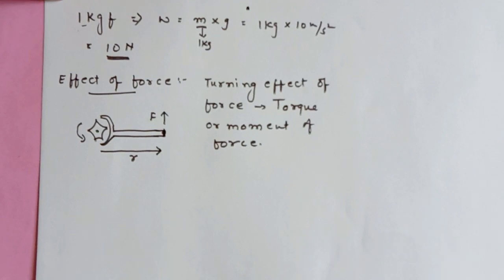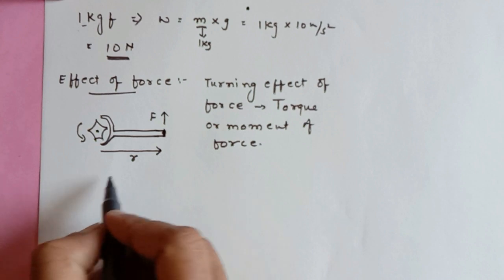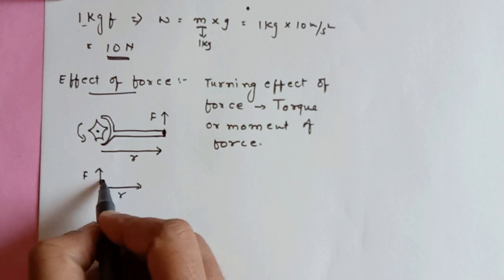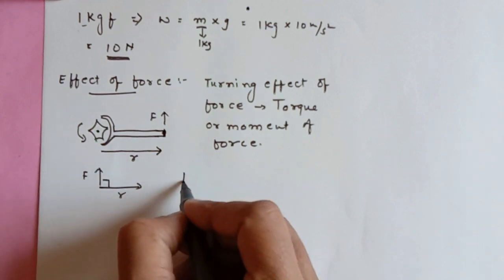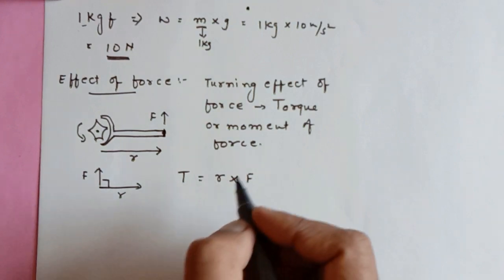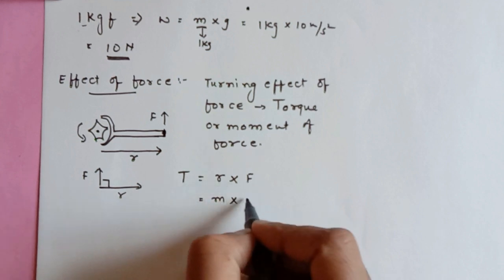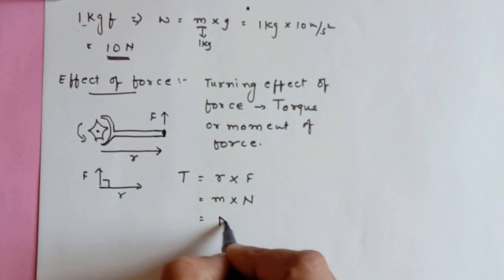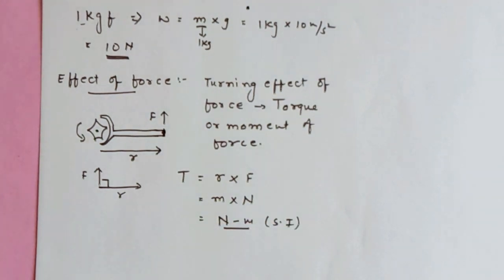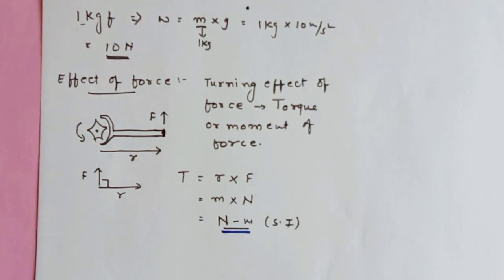In this case, assume this to be the length vector, and this length vector and F are at an angle of 90 degrees. So torque is equal to simply r into F. Now the SI unit of torque: this distance is in meter, this is in Newton. So Newton meter is the SI unit of torque. Correct?